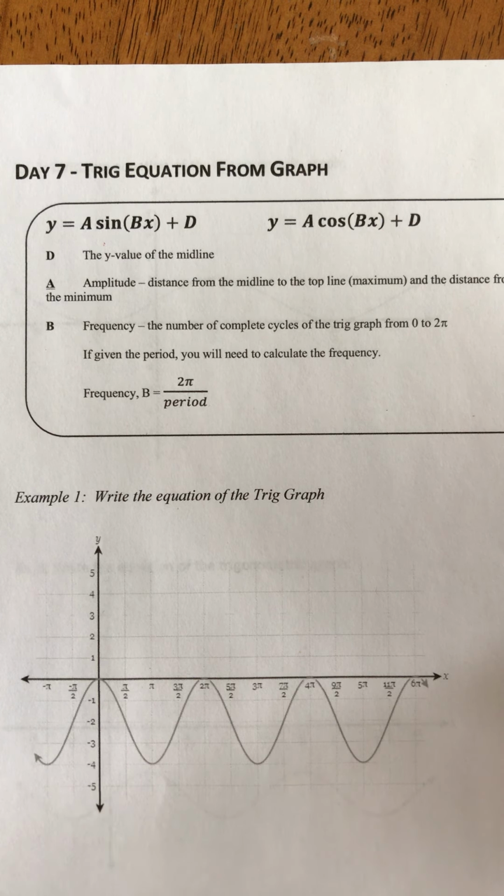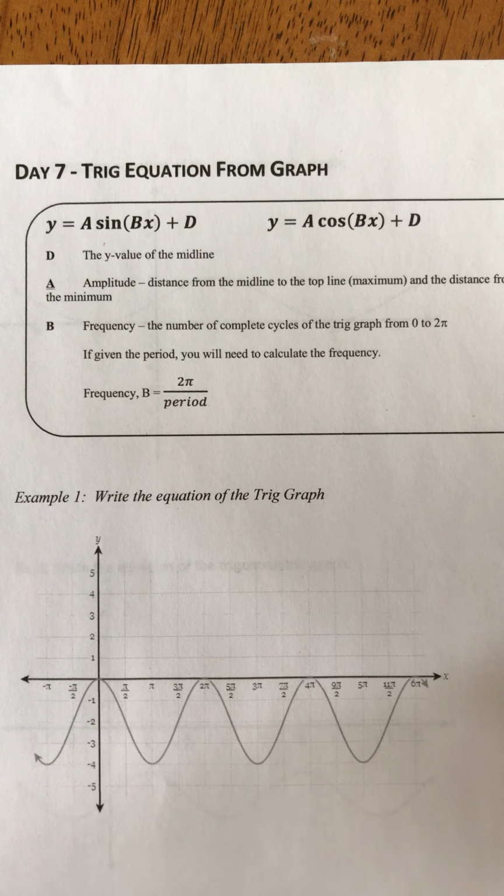So our equations have the form y equals A sine Bx plus D, or y equals A cosine Bx plus D. The D value is the midline. The A part, which is the beginning, that's the amplitude, the distance from the midline to the top or the midline to the bottom. And B, the part that's inside the parentheses with the x, is the frequency.